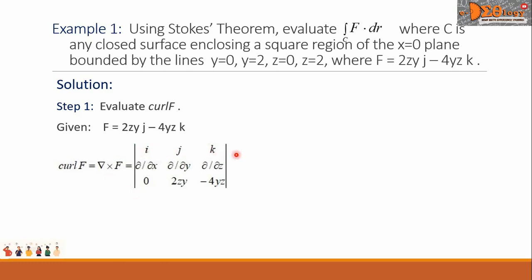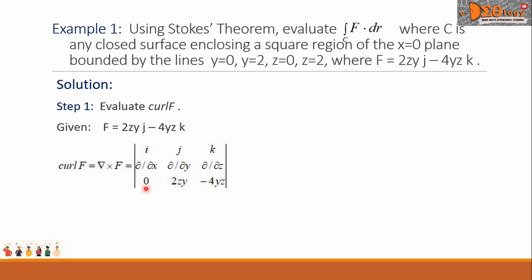The first row are the components i, j, k. The second row is for the partial derivatives with respect to x, with respect to y, with respect to z, respectively. The third row is for the corresponding functions for the components i, j, k.